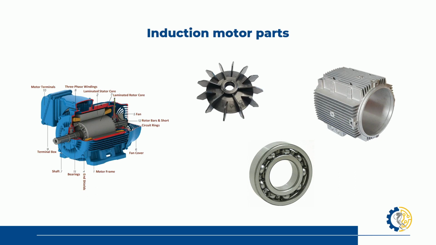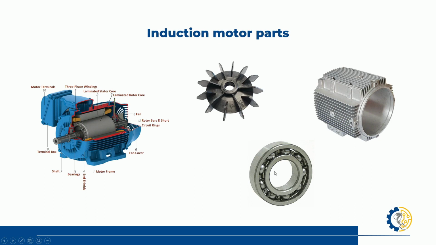Now finally, we have our bearings. These we generally can't see in the motor. But we need to know that if I want to move my shaft, then I need a bearing between the shaft and the rotor. Okay? Now, what are these for?